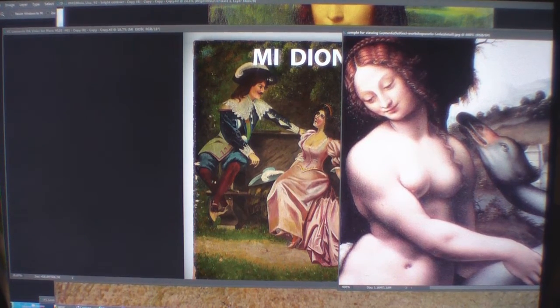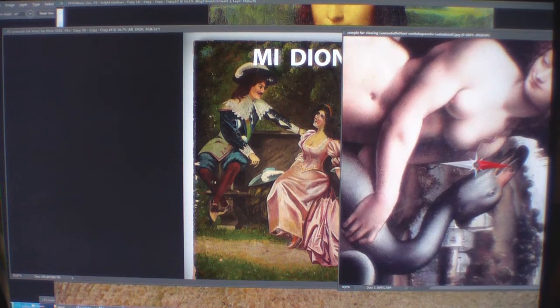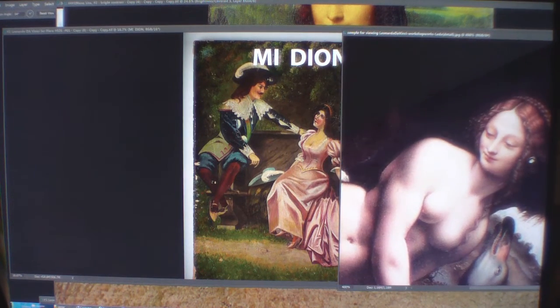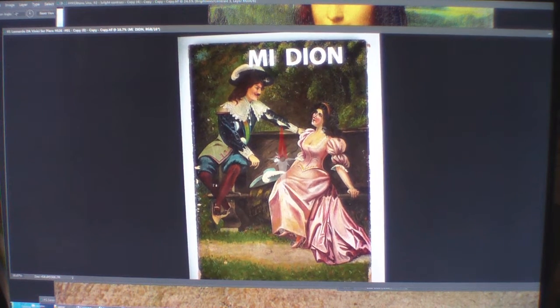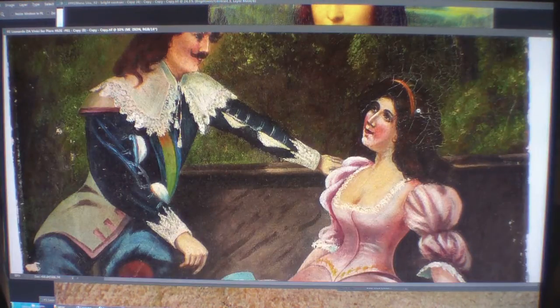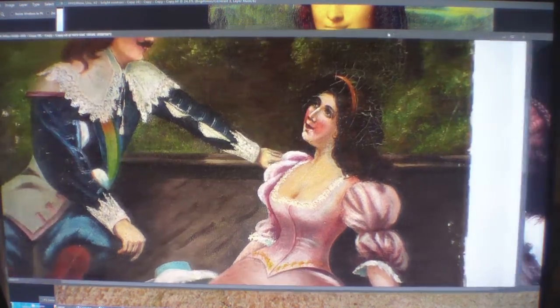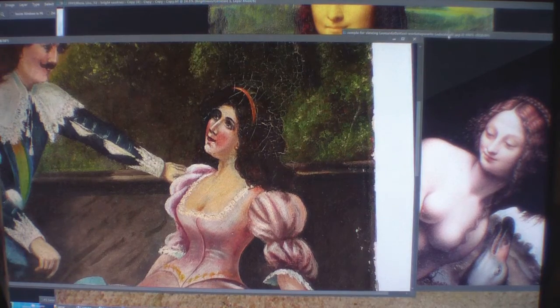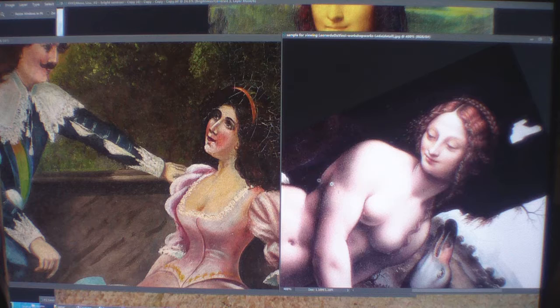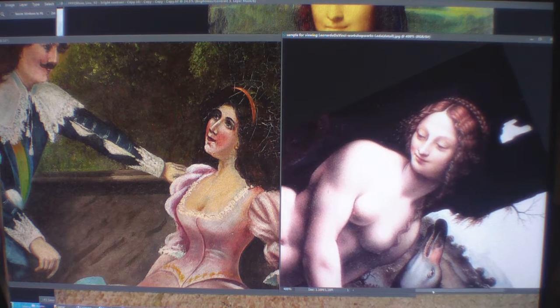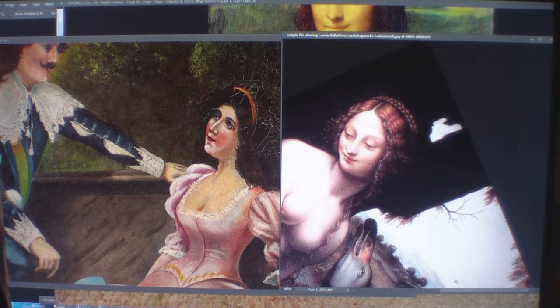All you got to do is take this and rotate it to make it a little bit easier. I showed this in one of my other videos, okay. That's her. Those two women are twins, okay? And that's what he did.